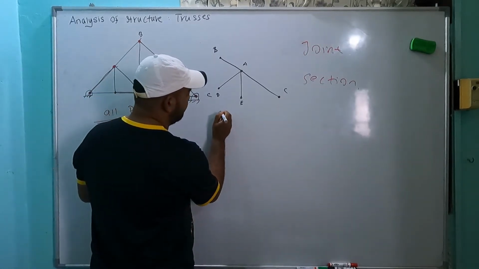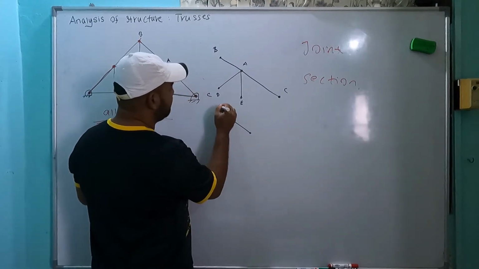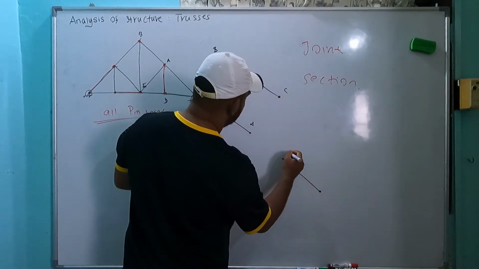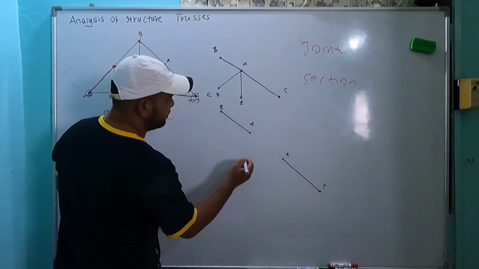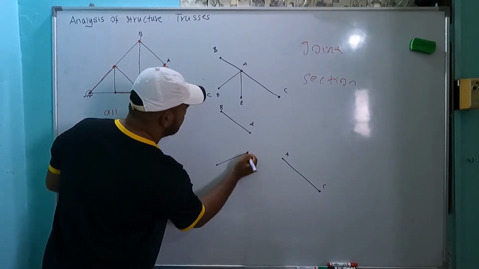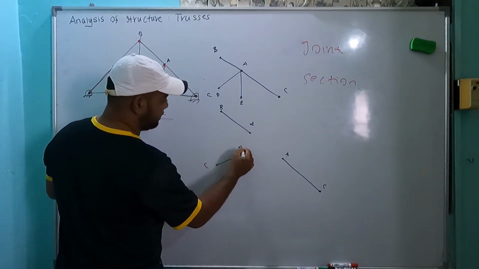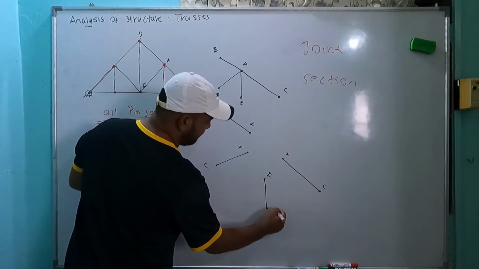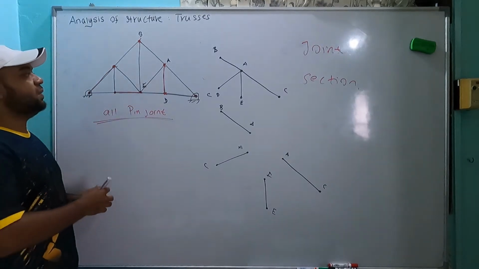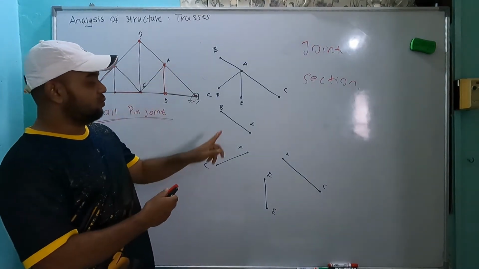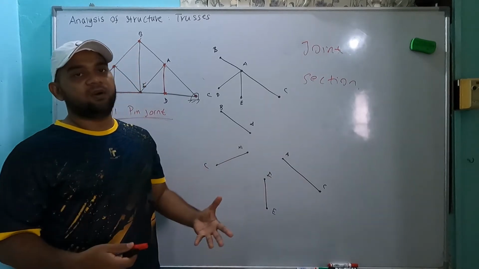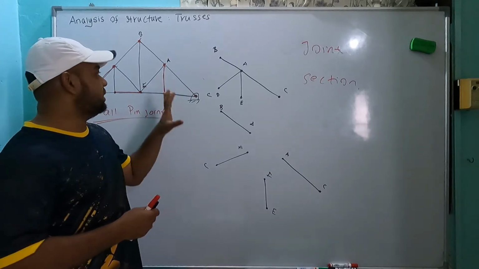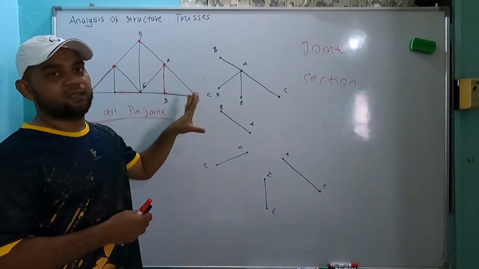We will see that we have here BA, the other one is AC, here we have another one, CA again, and here is another one down there, A and E. So this big part is actually made up from these four small components, joined together to become a single big structure.